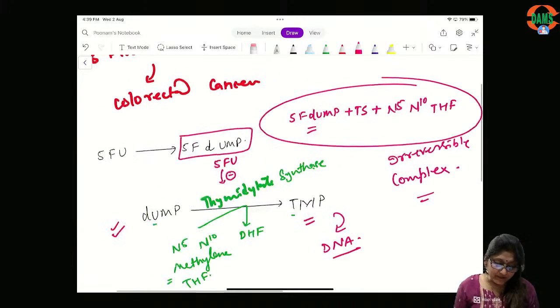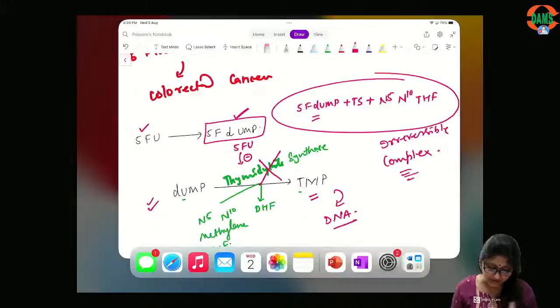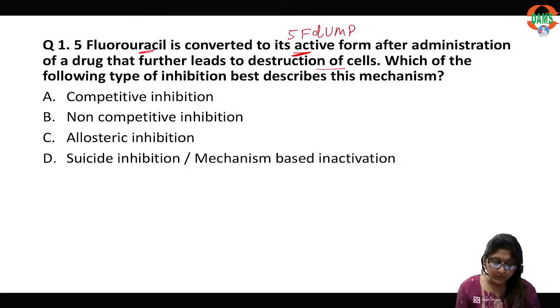So what happens in the presence of 5-fluorouracil? 5-fluorodeoxy-UMP makes the irreversible complex with the enzyme and inactivates it. This is the exact mechanism of how 5-fluorouracil works as an anti-neoplastic agent. Now, the question asked which of the following types of inhibition best describes the mechanism of action of 5-fluorouracil.